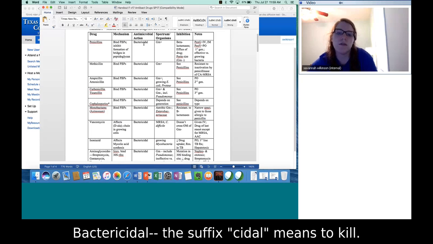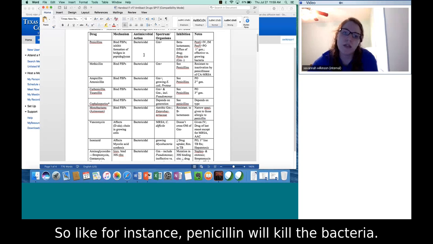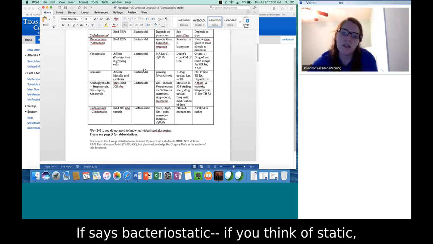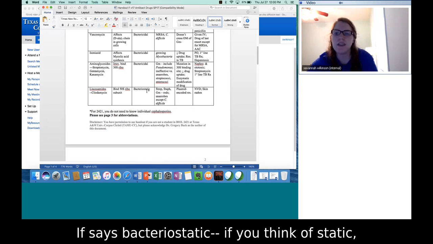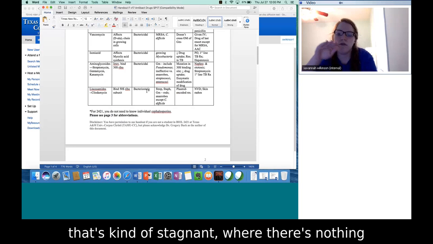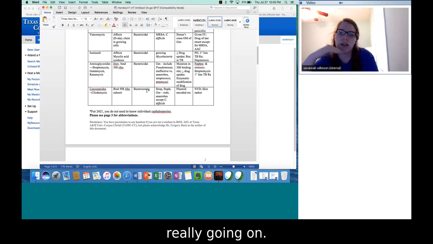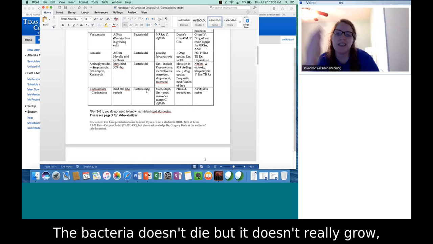Bactericidal, the suffix "cidal" means to kill. For instance, penicillin will kill the bacteria. If it says bacteriostatic, think of static, kind of like stagnant, where there's nothing really going on. The bacteria doesn't die, but it doesn't really grow.